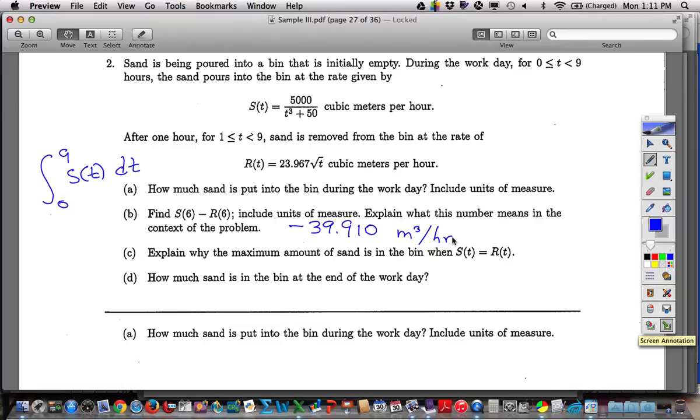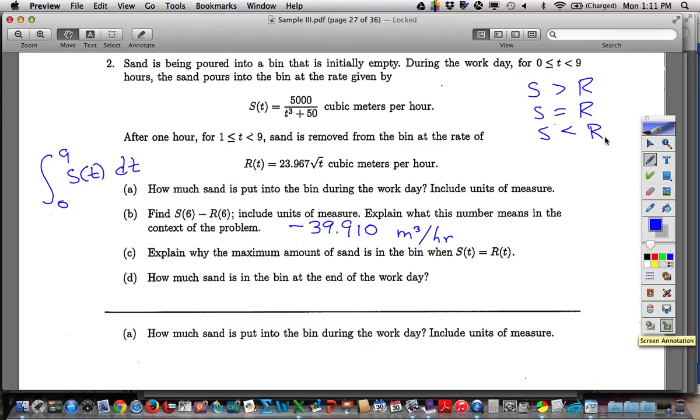Why is the max amount of sand in the bin when S is equal to R? After that, R is greater than S, so sand is coming out faster than it's being put in. Yes, exactly. Basically, you have 3 possibilities, right?